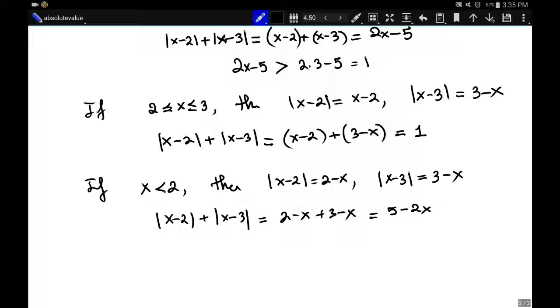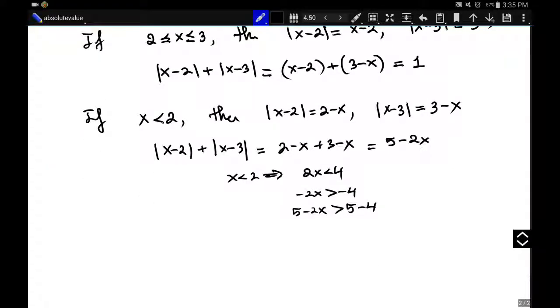We know that x is less than 2, so negative 2x is bigger than negative 4. Adding 5 to both sides, 5 − 2x is bigger than 5 − 4, meaning that 5 − 2x is a quantity bigger than 1.